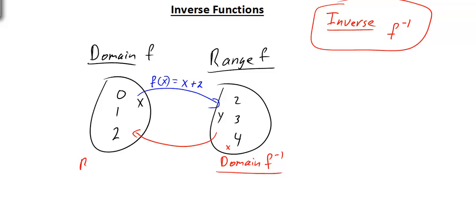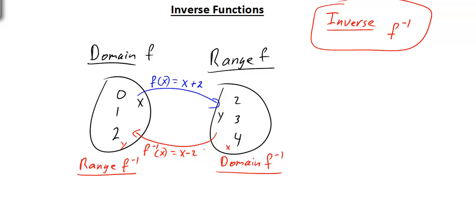And over here, we're going to have the range of the inverse function of f. So the 0, the 1, and 2 would simply be the y values, or the range of the inverse function. And the inverse function here of our function f would simply be x minus 2.